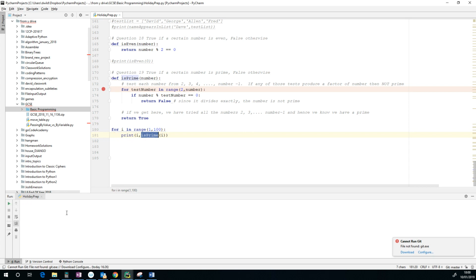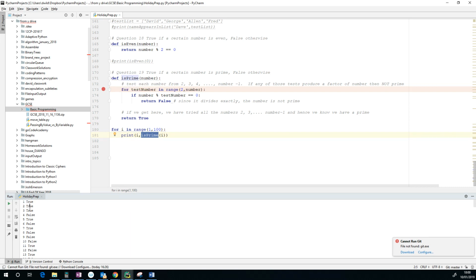Let's run that. This will be a lot easier. 1 is prime. Interesting. We'll come back to that in a minute. I did that on purpose because I knew I hadn't catered for the fact that number should at least be 2. Otherwise, it's not prime.